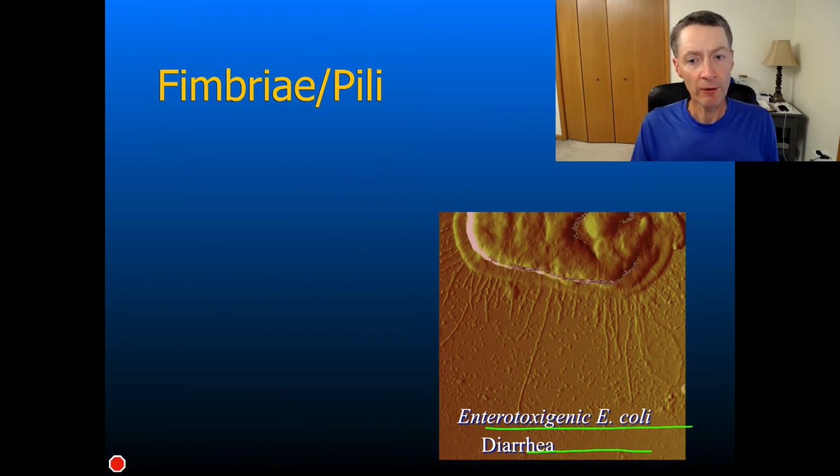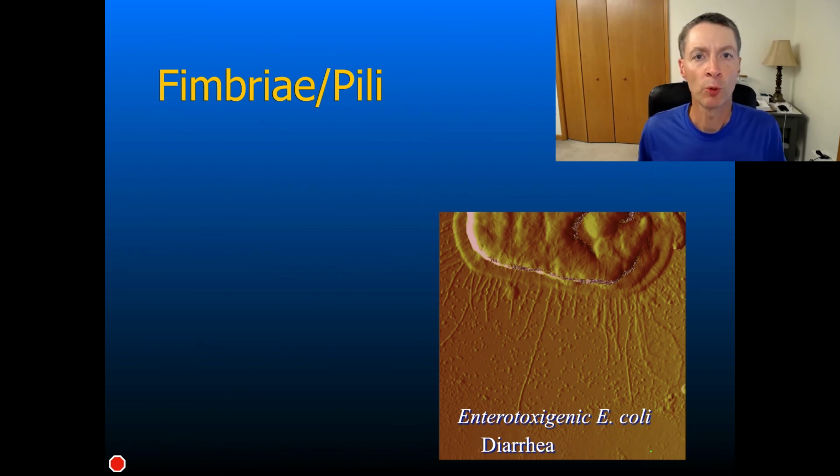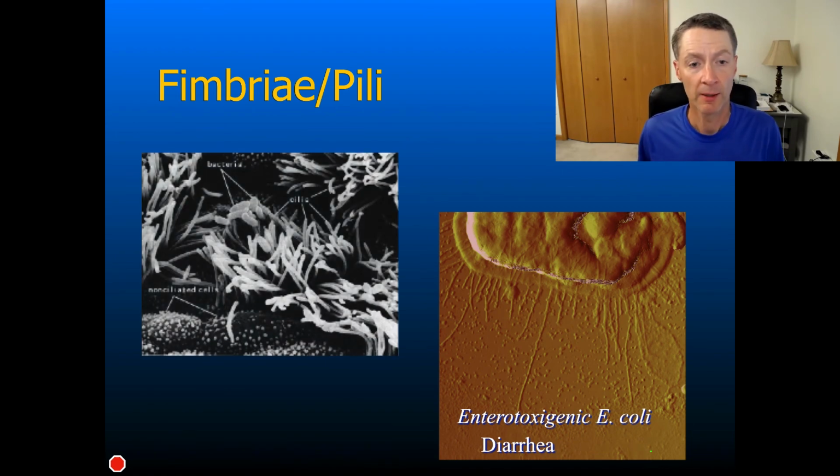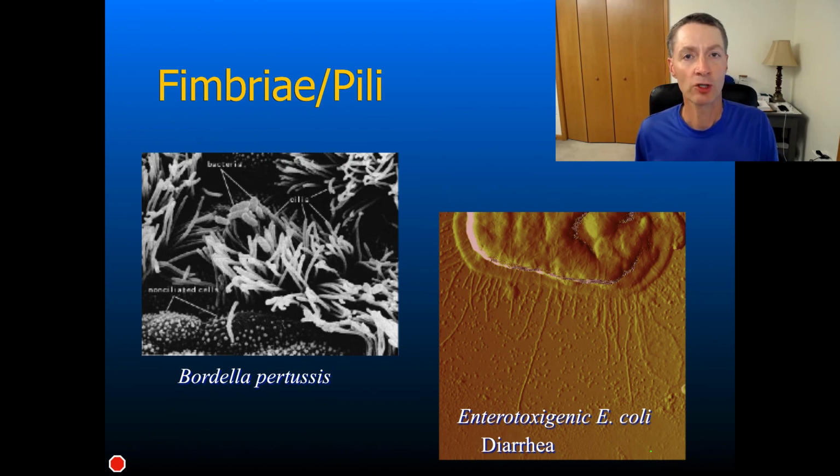All right, another way that organisms can attach is through fimbriae and pili. We already kind of touched on this, but I wanted to mention it again now that we're talking about the pathogenicity of bacteria. What we'll find on a lot of fimbriae and pili is that they actually have proteins on them as well.